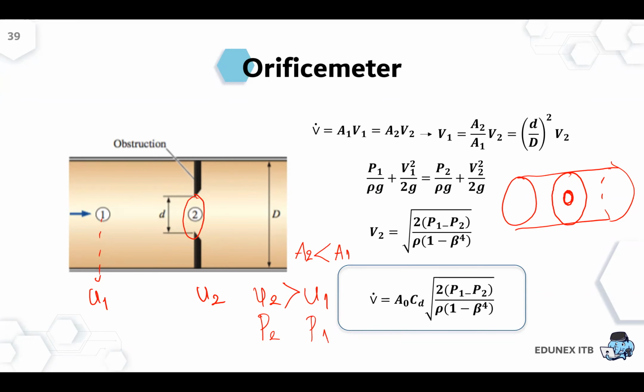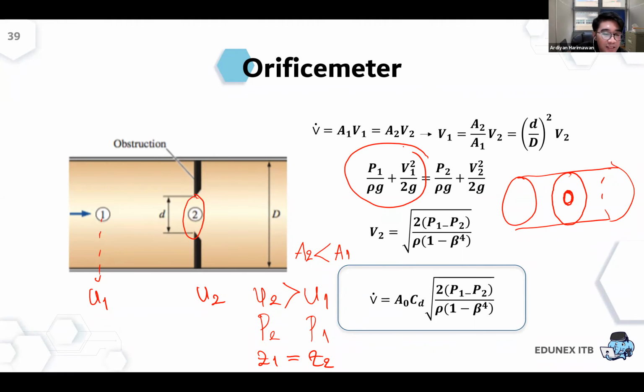If Z1 equals Z2, so it's only between the kinetic and pressure, right? Because the static is constant. So if the velocity is increased, the kinetic is increased, then the pressure will decrease. Decrease, yes.